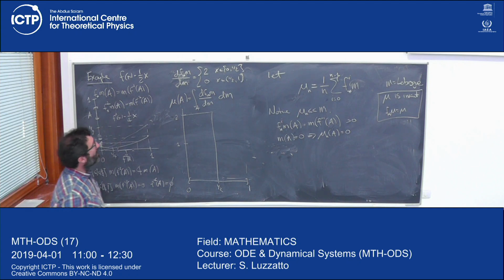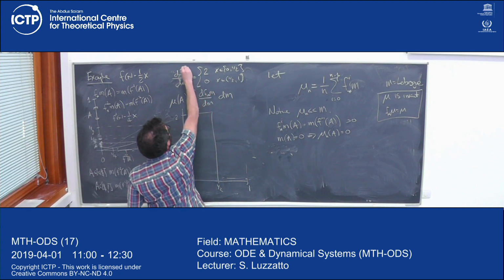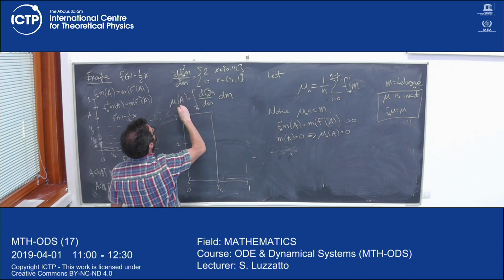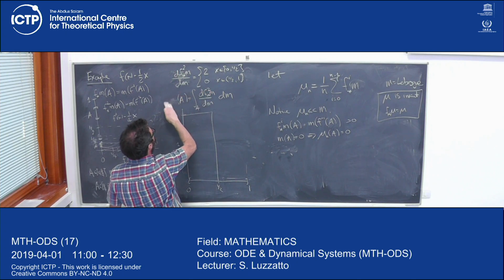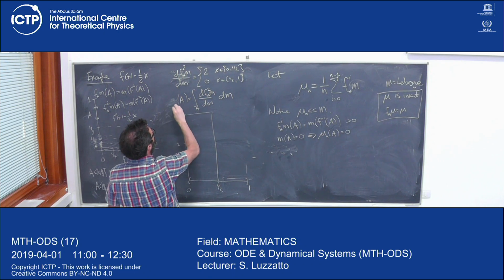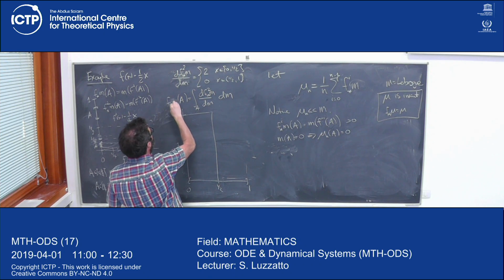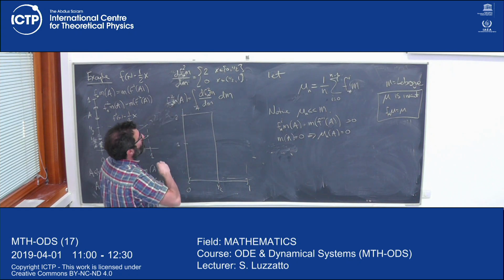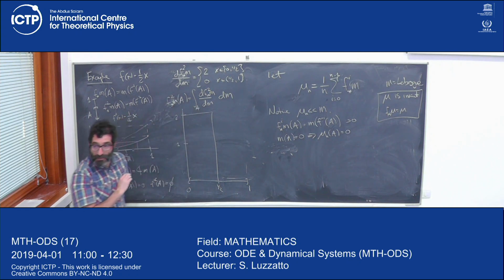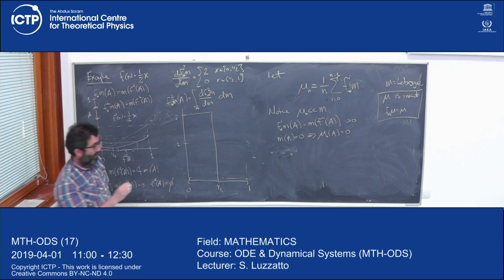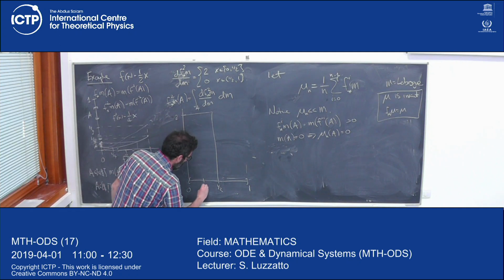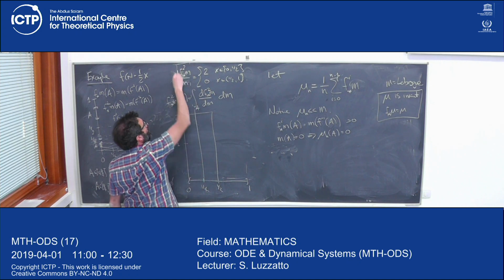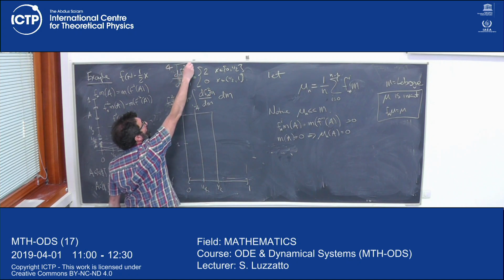So what does the density look like for f2? This was the density of f star n of A. Now we take f2 of A. So what is the density now? It's concentrating here. It's concentrated in 1/4, and it goes all the way to 4 here.